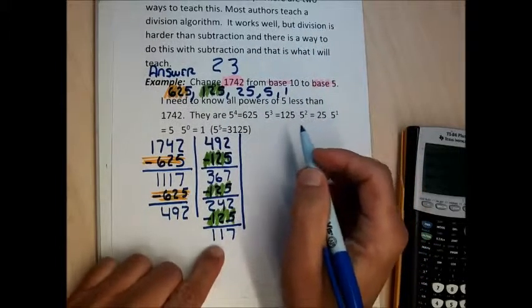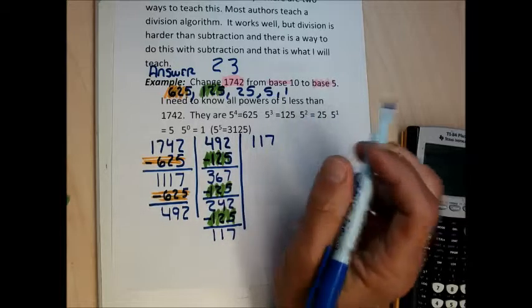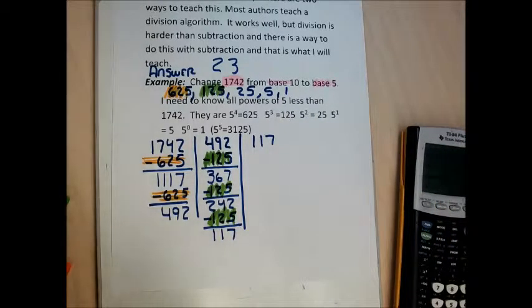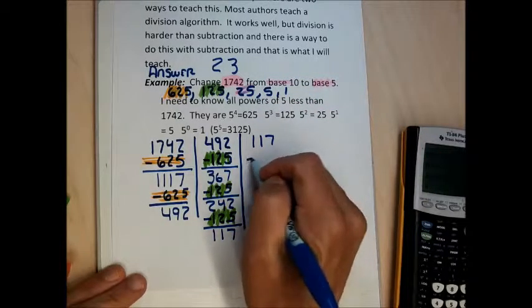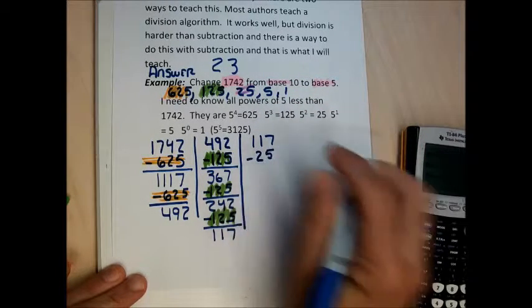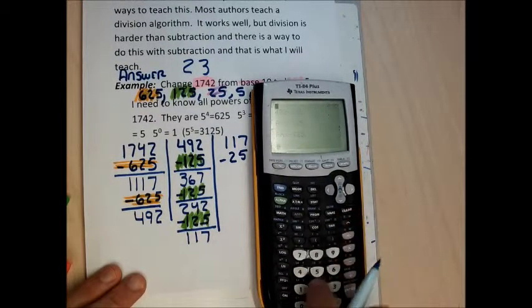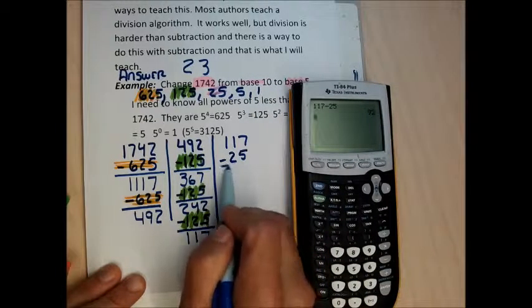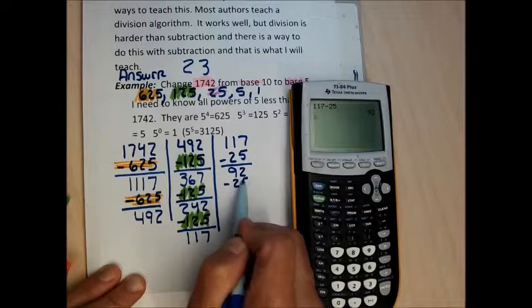I'm going to carry this remainder over and move on to the next number in my list, which is 25. I start with 117 minus 25, and I do it until I get a number less than 25. 117 less 25 gives me 92. That's bigger than 25, so I subtract 25 again.